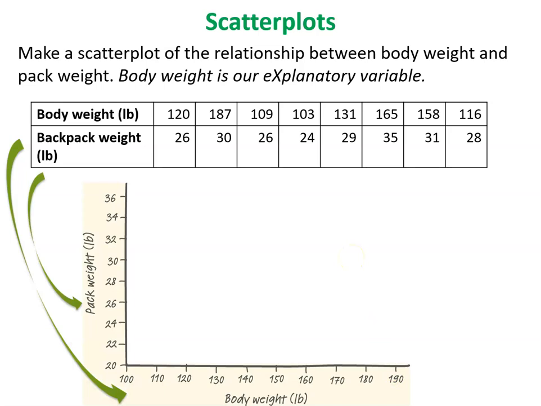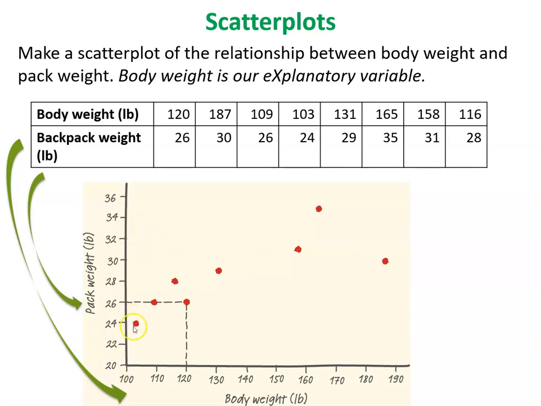Then I would make my vertical scale. Backpack weight ranges from about 24 to 35, so I scaled it there. Notice I didn't count the same on either one. That's fine. And then from there, I just plot each point. Okay? So go ahead and make this graph on yours. You'll probably need to pause the video so that you can recreate this scatter plot in your notes.